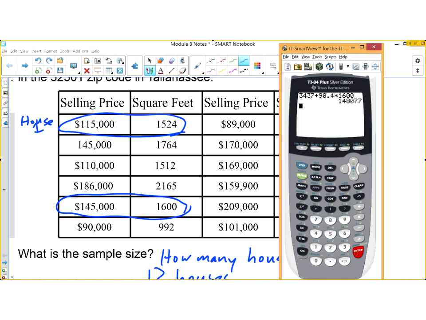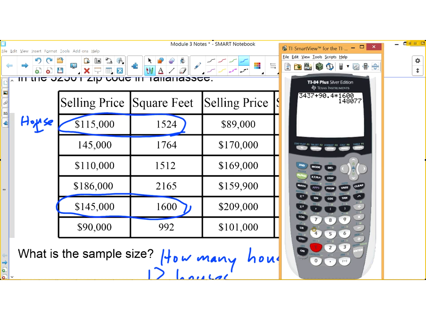Most houses sell for some multiple of $1,000, sometimes for $100. A couple of these, well, just one, the one that was $159,900. All the rest sold for an exact number of thousands. So it would be fine to say that the approximate selling price is $148,000 or $148,100.